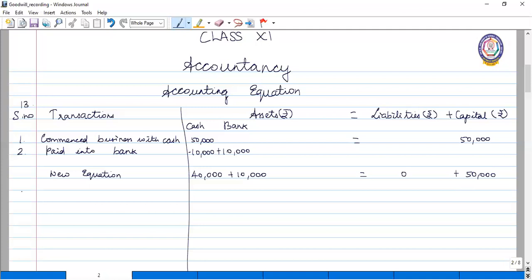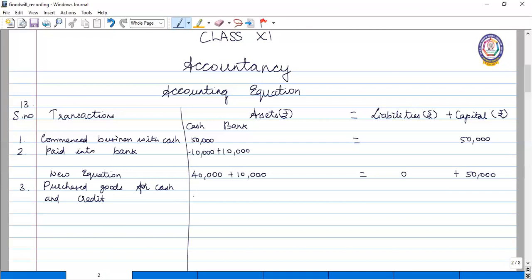Okay. Now third transaction, purchased goods for cash and credit. Purchased goods for cash and credit. Okay. So some part of the goods is purchased for cash and some is for credit.